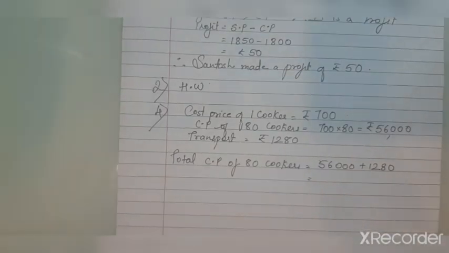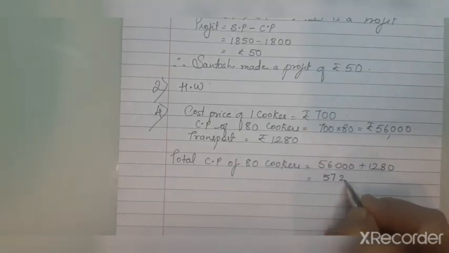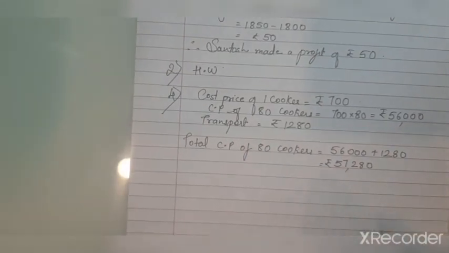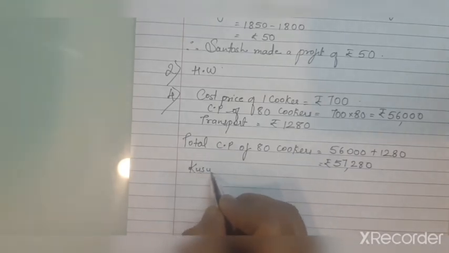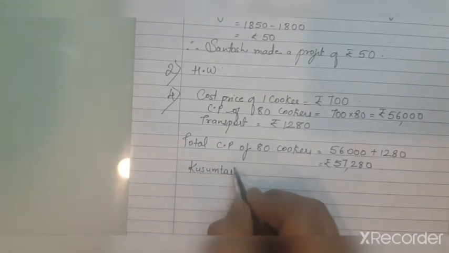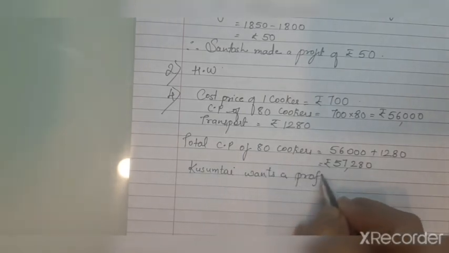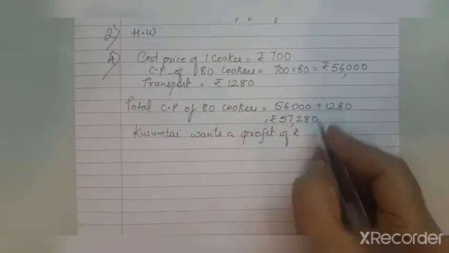Okay, so it is 57,280 rupees. Okay, so this is the total cost price. Now Kusumtai has not sold the cookers yet, but Kusumtai wants a profit. And how much profit she wants? Of rupees 18,000.